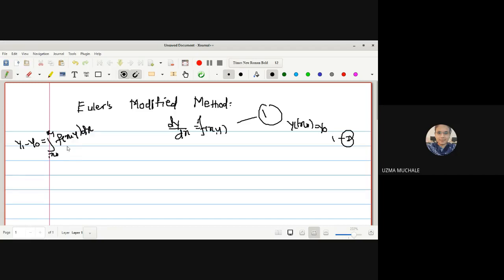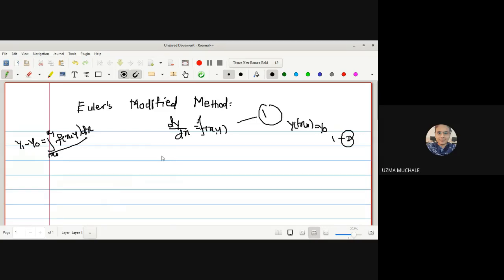And later on, we have put f of x y as f of x naught y naught. Because of this, some error actually occurs, since instead of f of x y we are substituting some constant. So here, to avoid this, we are going to use the trapezoidal rule. Here also we will have an error because we are not going to find out exactly what f of x y is. If we don't know exactly f of x y, then we cannot find the integration directly. But here we will reduce the quantity of error as compared to Euler's method.